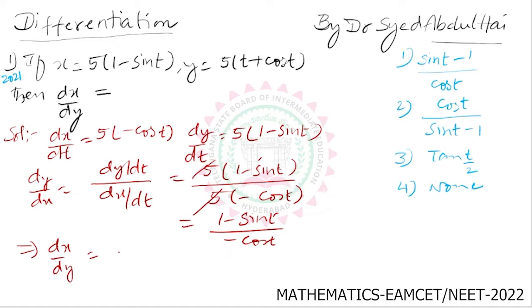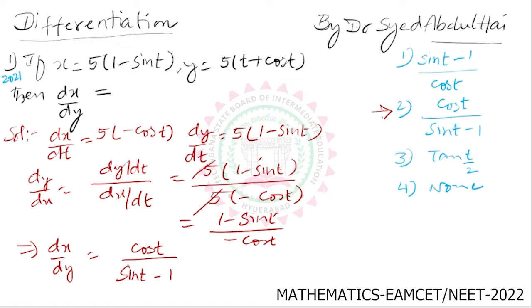Therefore, if I invert this, I get cos t divided by, here 1 minus sin t is there. If I write the negative sign to the denominator, then this becomes sin t minus 1, which is my second option. Is it clear? So the answer is cos t by (sin t minus 1).